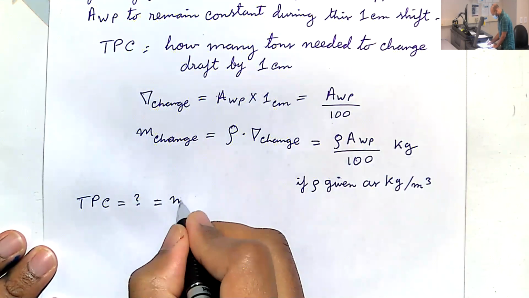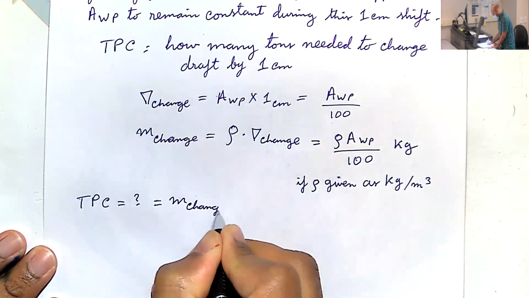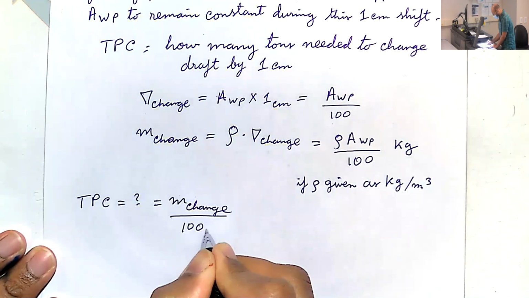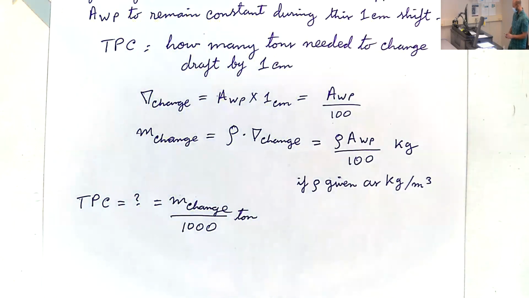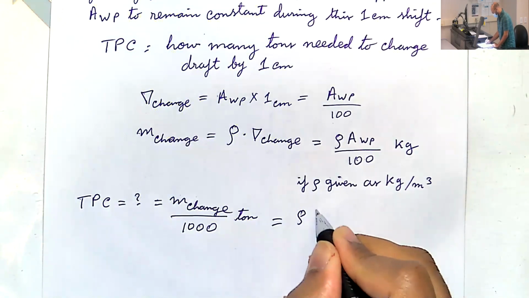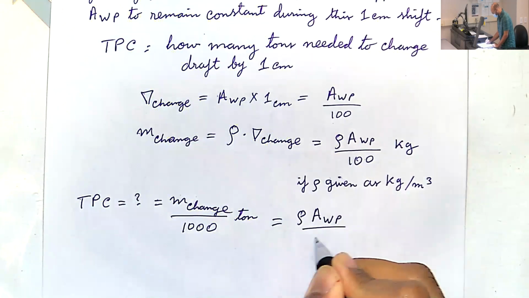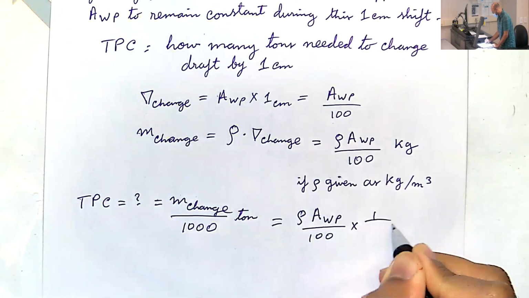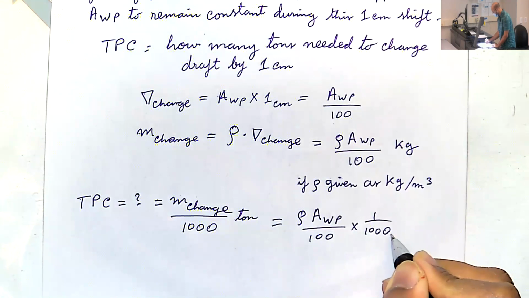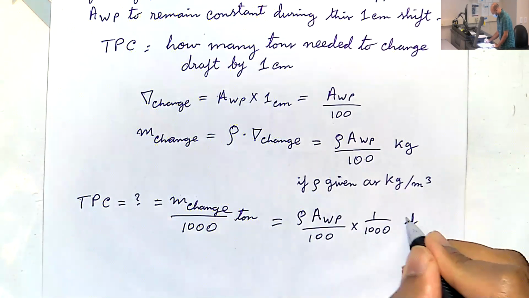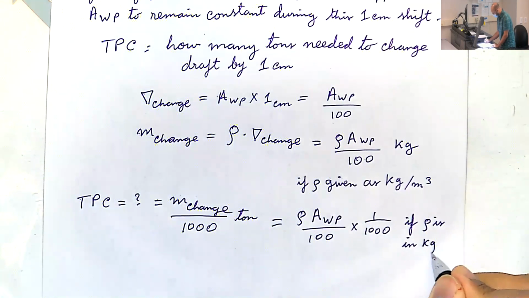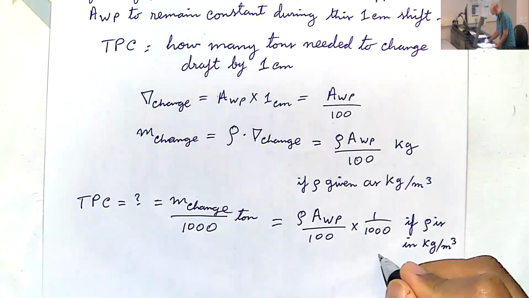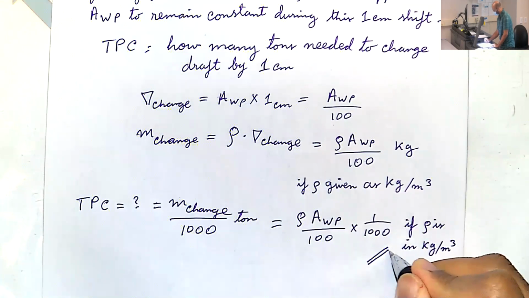So this is M change divided by 1,000 ton. Okay, and this basically gives us rho A_WP divided by 100 times 1 over 1,000, if rho is in kg per meter cubed.